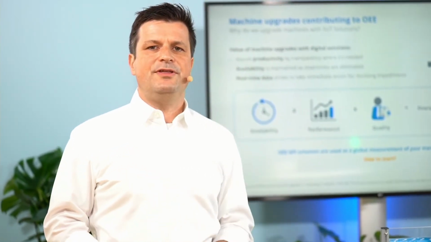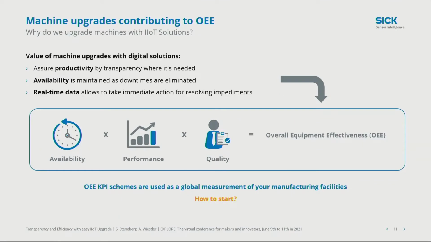You monitor the productivity and the efficiency of your operation facility simply by using the overall equipment effectiveness calculation scheme. This is a set of KPIs that you install, and you need all the data to calculate these KPIs. Finally, filling level monitoring is providing very valuable information to finally calculate the overall OEE of your facility.